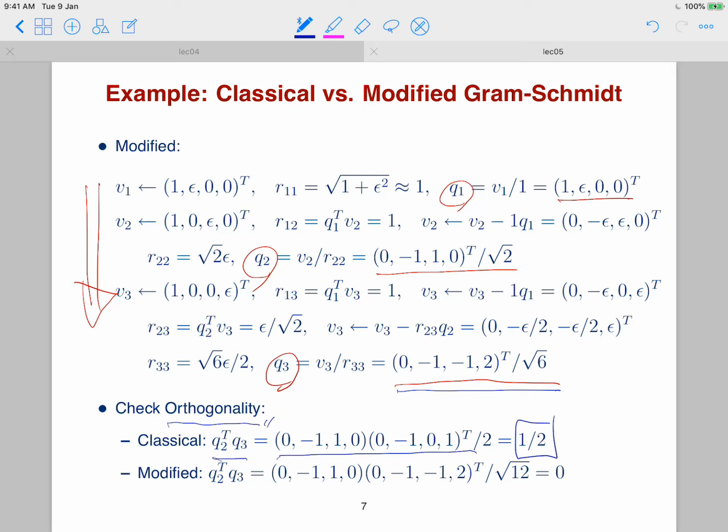So it actually didn't give us completely or perfectly orthonormal vectors out of these 3 vectors, right? But this modified one successfully gives orthonormal vectors between Q2 and Q3. So what made this kind of difference?